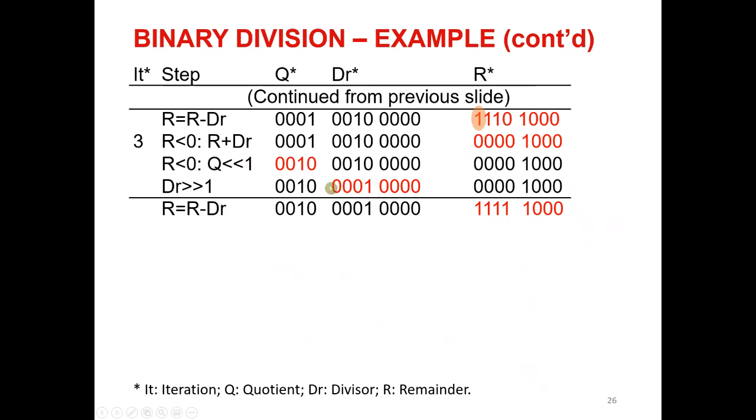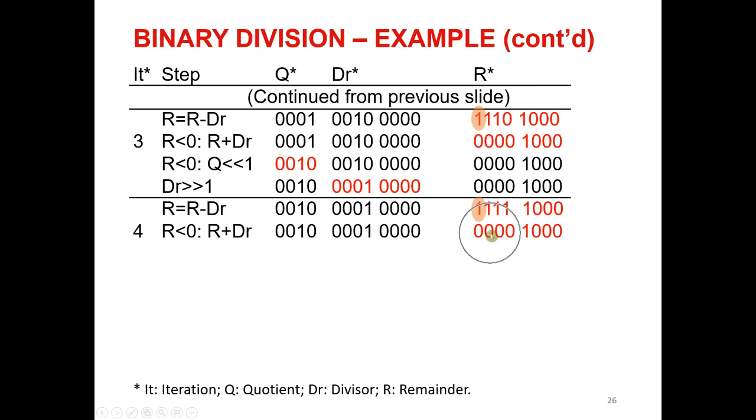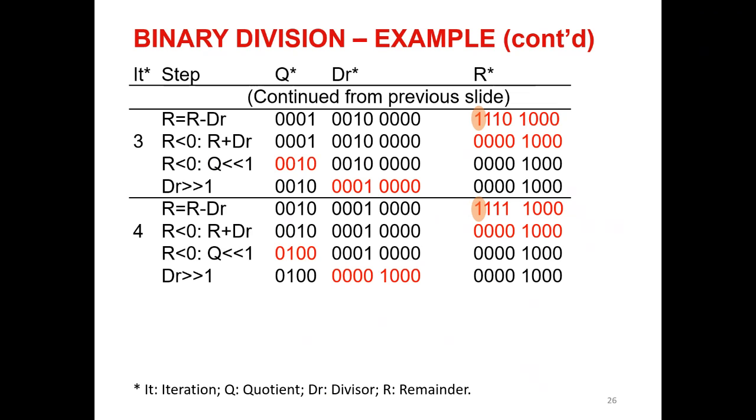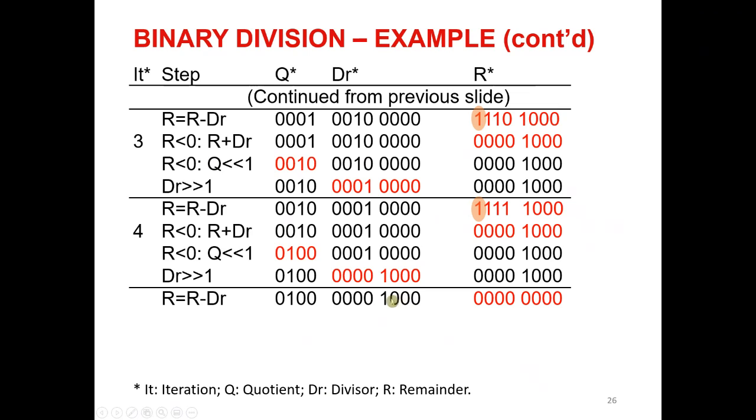We subtract the divisor from the remainder. In this case, it's negative again, so we need to undo this operation. We add again the divisor. We shift left the quotient and add a 0 in the rightmost significant bit. We shift the divisor to the right, and again, the next step, we subtract the divisor from the remainder.